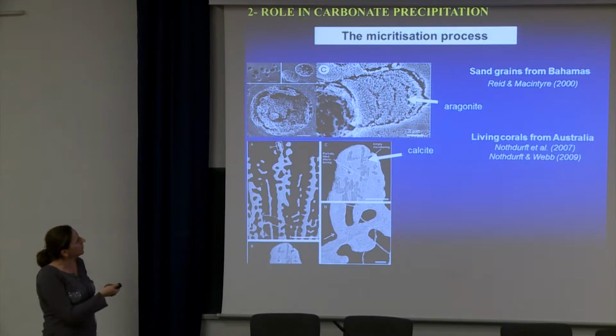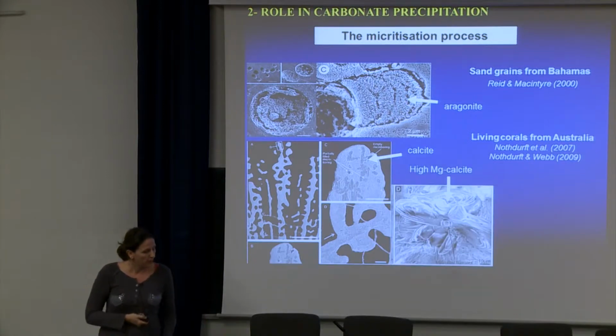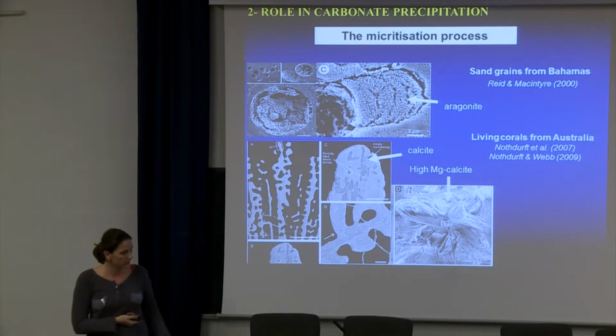Northdorf et al. also showed that this micritization process could take place in living corals. The galleries of boring organisms would be filled with calcite, for instance. They also found some precipitates such as high magnesium calcite around the filament, not inside the gallery this time.